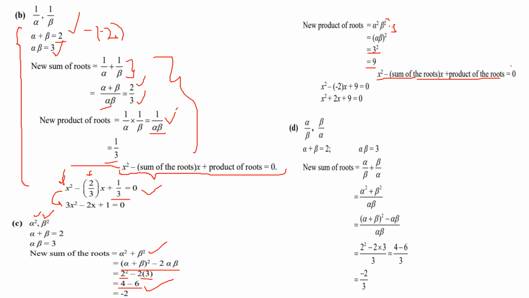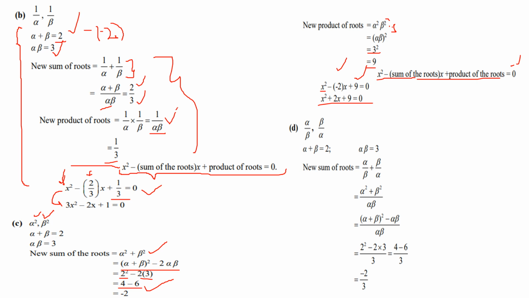So don't forget the 0. What you do is just substitute: x squared minus your sum of roots, which you got as negative 2, then your product of roots was plus 9. So you simplify and you get x squared plus 2x plus 9 is equal to 0 as your final answer.